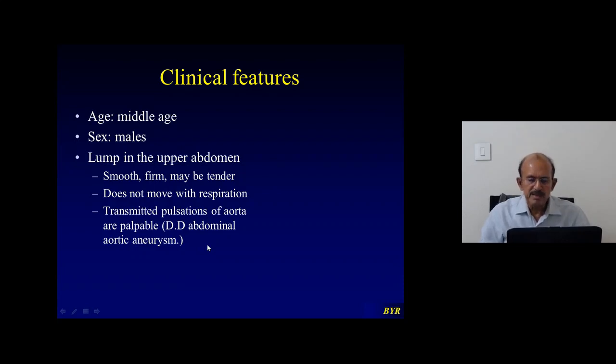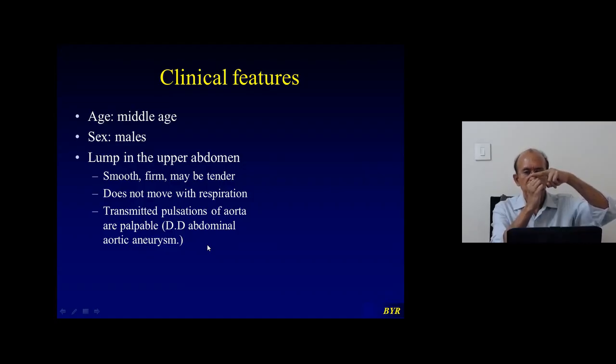If the mass is densely adherent to the aorta, then the pulsations will be present. If the mass is not adherent to the aorta, then the pulsations will not be present. For example, suppose this is the aorta and the mass is here. When you make the patient assume the knee-elbow position, the mass just separates away and will not sit over the aorta.